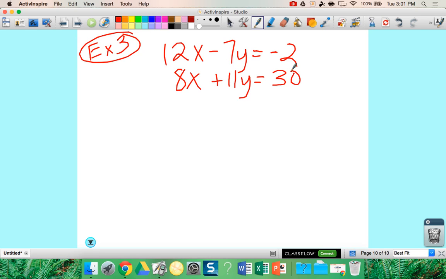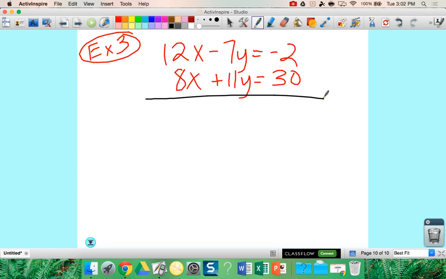Okay, so earlier Kaylee was looking at her homework. She's like, well, none of the coefficients are the same, and so whenever you look at these, draw my line. Is there anything we can multiply by 12 to give us 8? No. Is there anything we can multiply by 8 to give us 12? No, and we're not going to be multiplying by fractions or anything like that, because that's technically division.